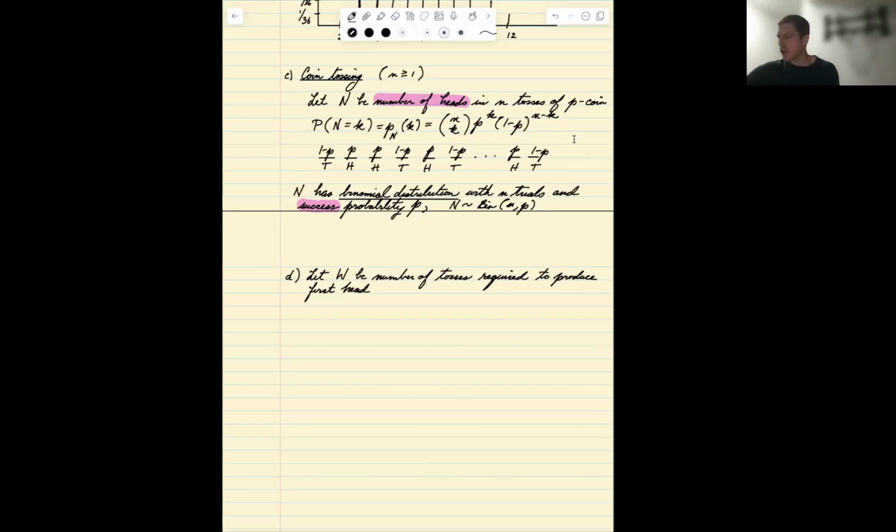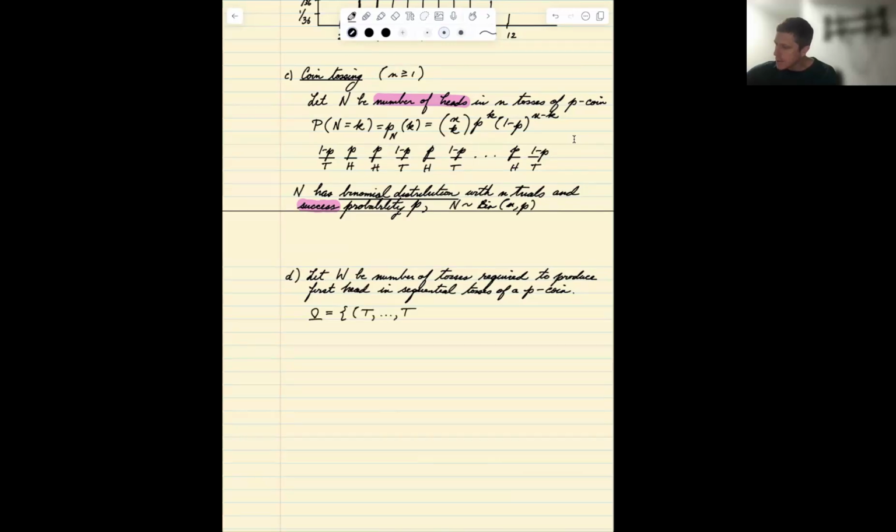So we're tossing a p coin, and we're going to toss it until the first head appears. What is the sample space here? The sample space is sequences that essentially look like this.